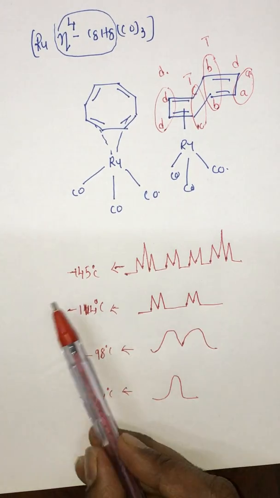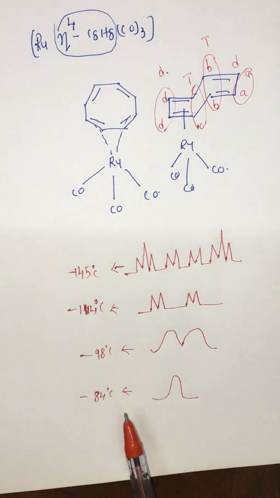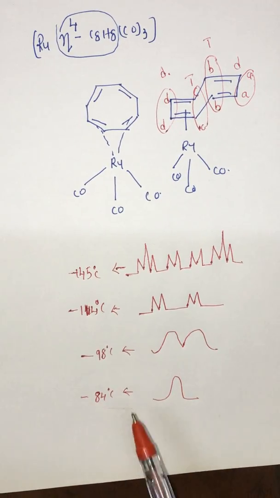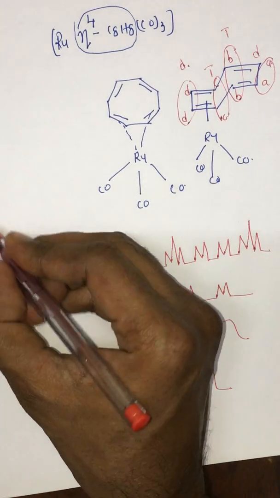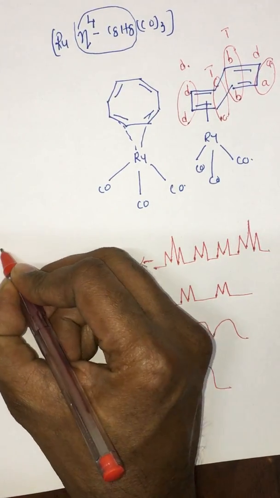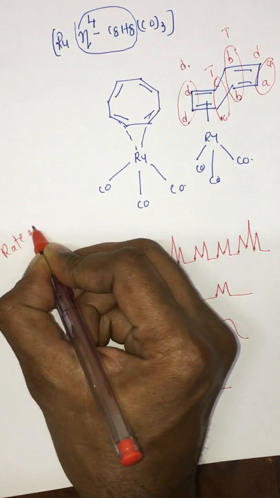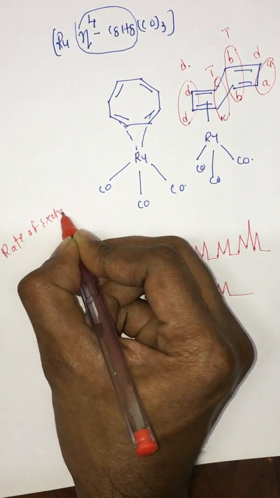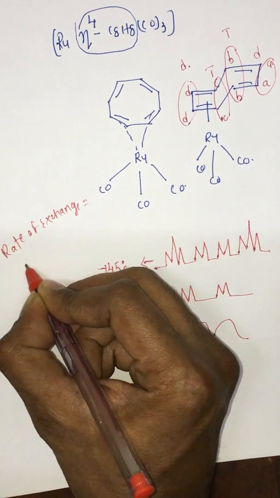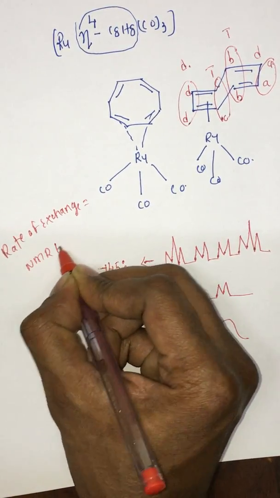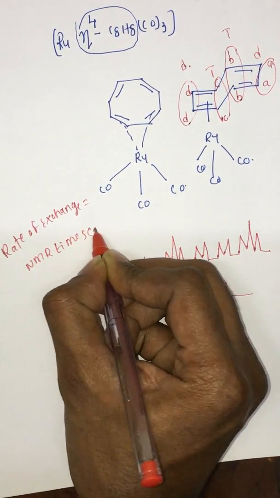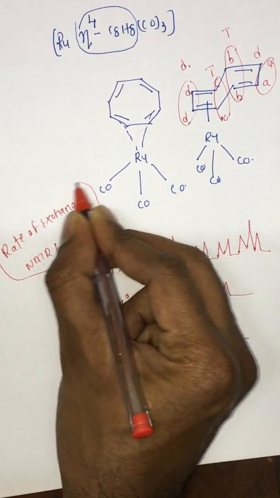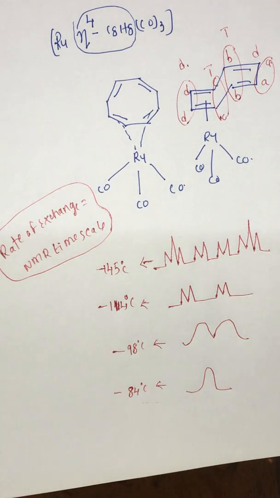Whenever we have a higher temperature, the rate of exchange should be equal to the NMR time scale. Then only will we get different signals for different types of conformations.